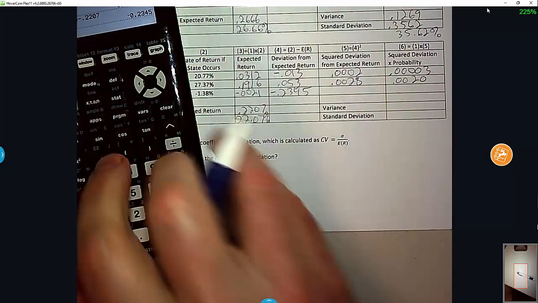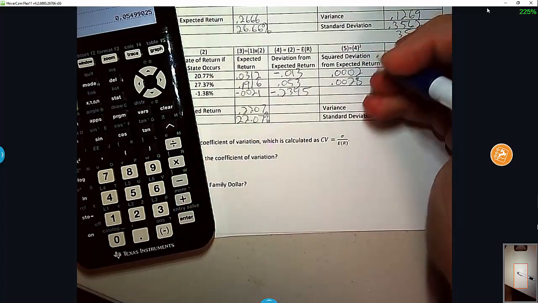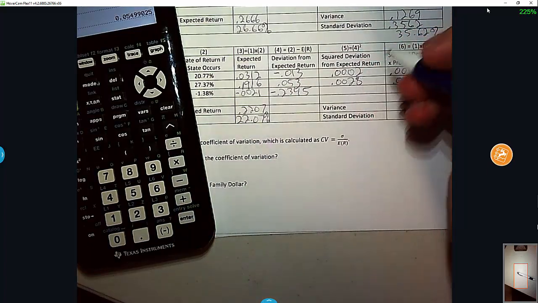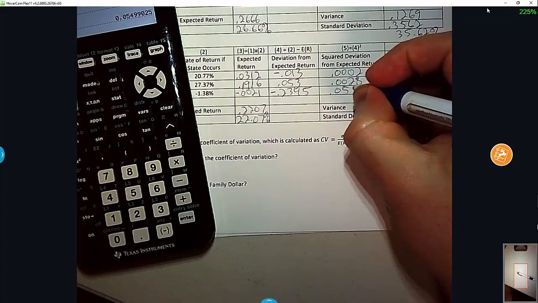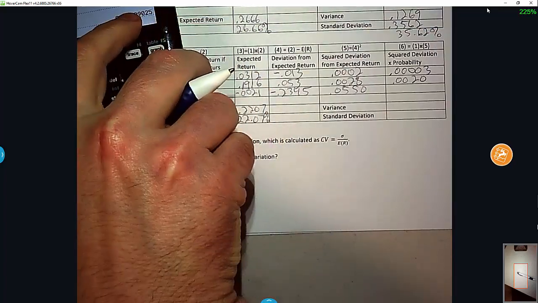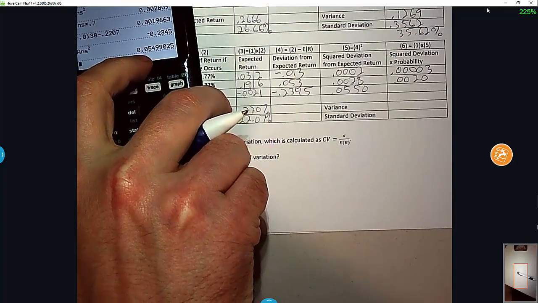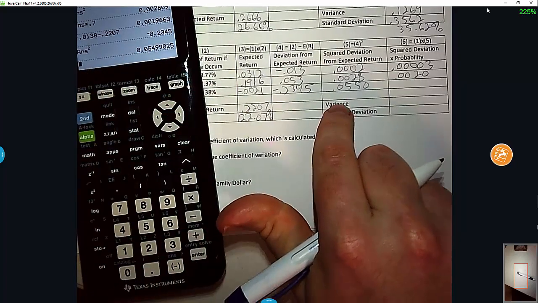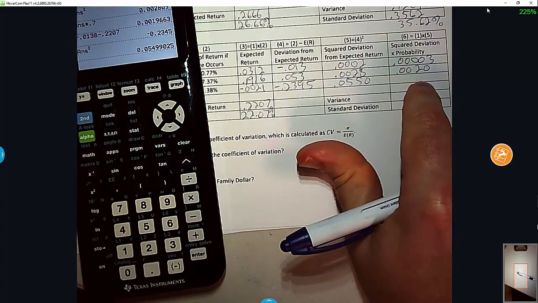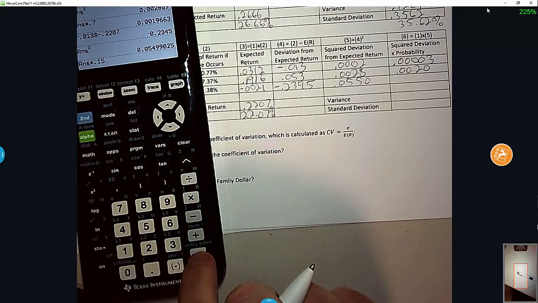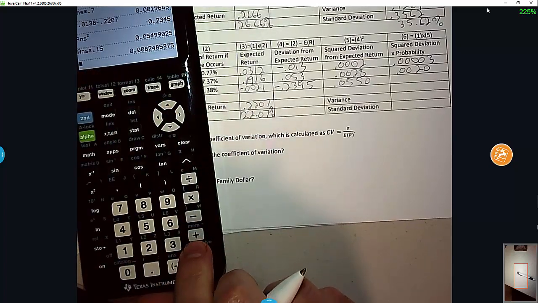I'm going to square that deviation to give me 0.055. And again, I'm just rounding 0.05499 to 0.0550, and then I'm going to multiply that by 0.15 because that's the probability again, to give me 0.0082.